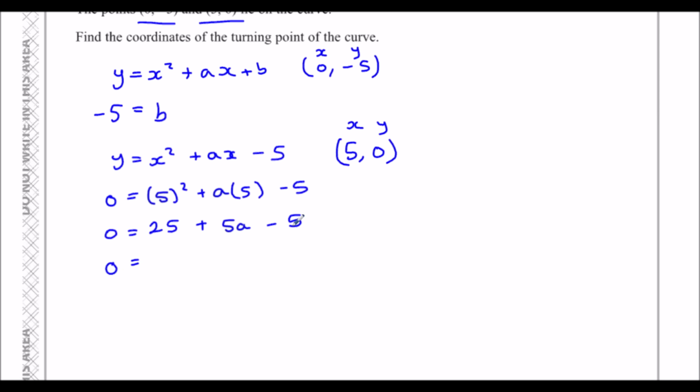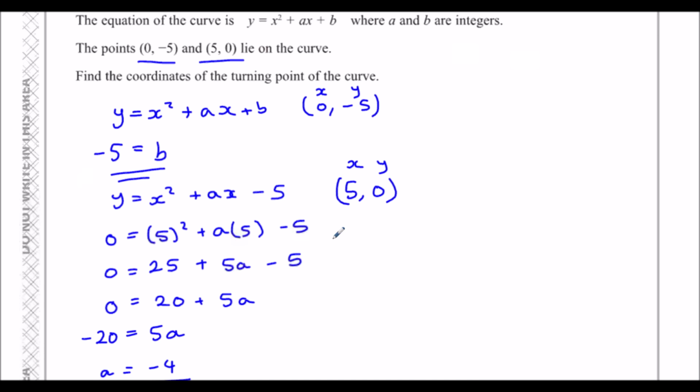So 25 minus 5 is 20. If we subtract 20 from both sides, negative 20 equals 5a. Divide both sides by 5, so a is negative 4. So the equation now, we know a and b, so we've got y equals x squared minus 4x minus 5.